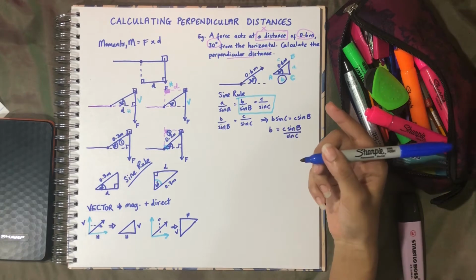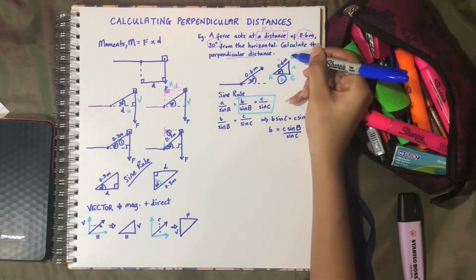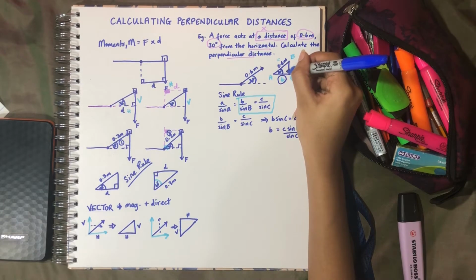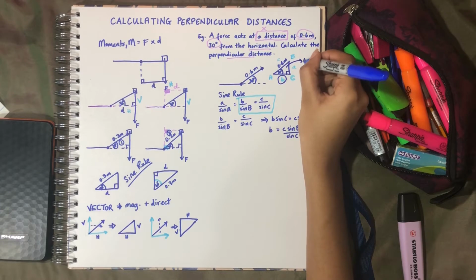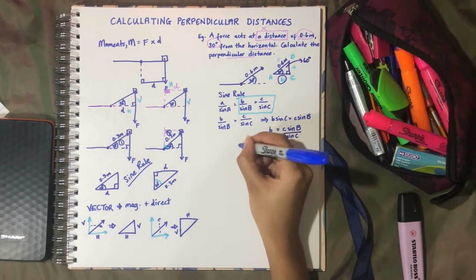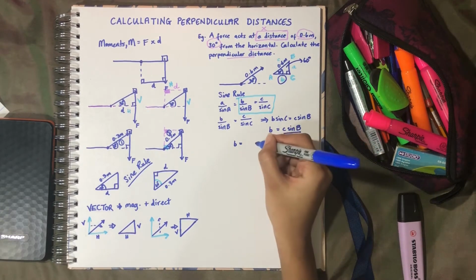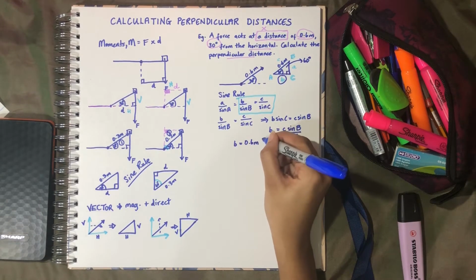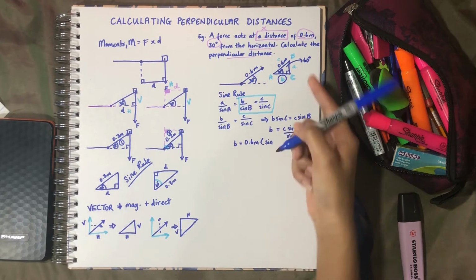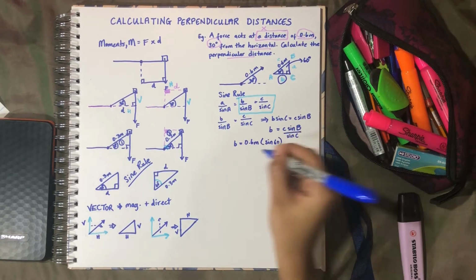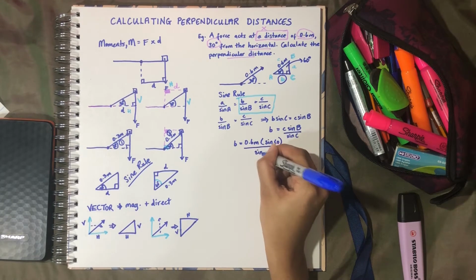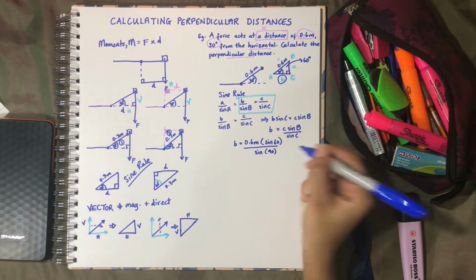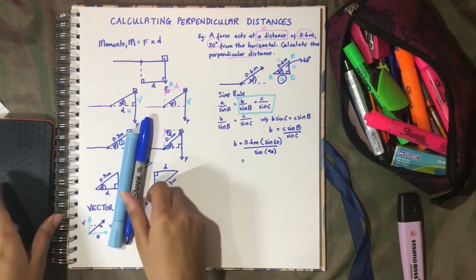So we could plug in the values, but before we do that, if you realize we don't have angle B, but because we have 30 degrees and this 90-degree angle, this angle here would be 60 degrees. So b would be equal to c, which is 0.6 meters, times sine B, which we just got, which is 60, over sine C, which is 90. So we could just calculate this.